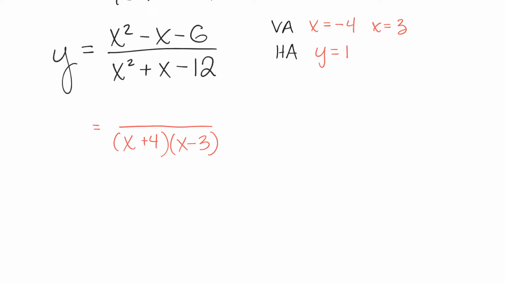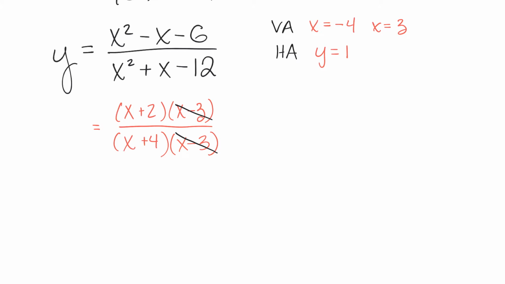But let's keep looking. What happens if I factor the top of this? So x squared minus x minus 6 is going to factor to x plus 2 times x minus 3. So what do you see happening here? It appears to me that we would have these canceling out. Okay, so what does that mean?